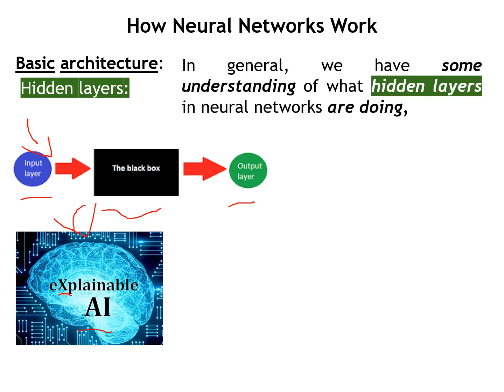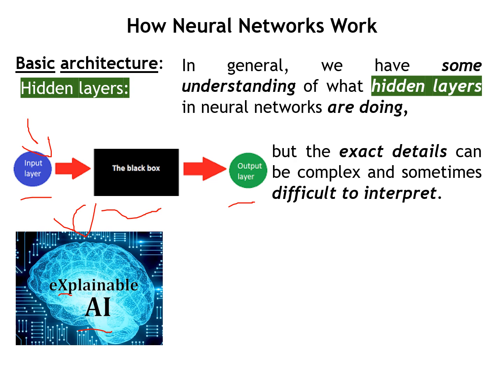I just told you that in general we have some understanding of what hidden layers are doing, but we don't have full understanding. The exact details can be complex, and sometimes difficult to interpret. For example, when identifying a picture of a cat or a dog, it's okay if we don't understand those details.